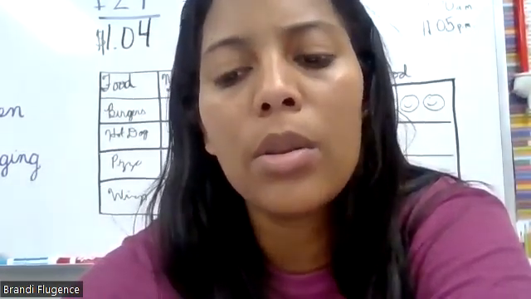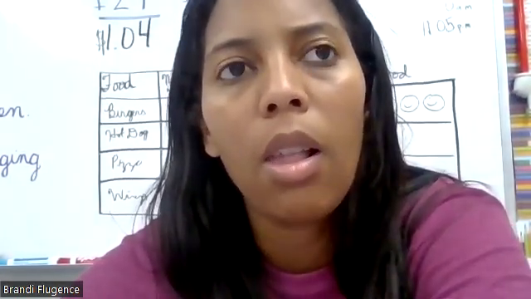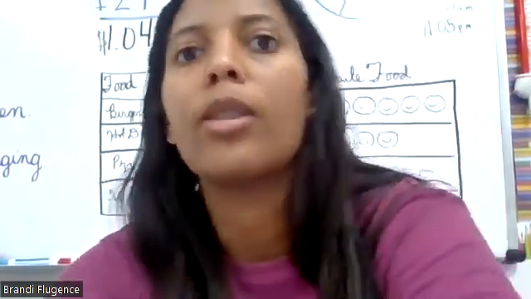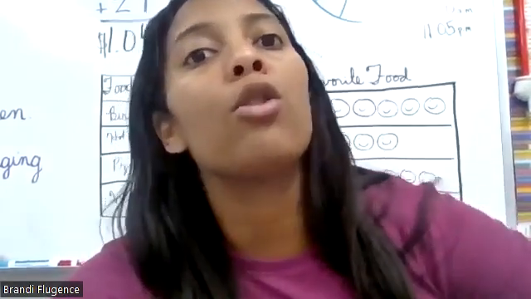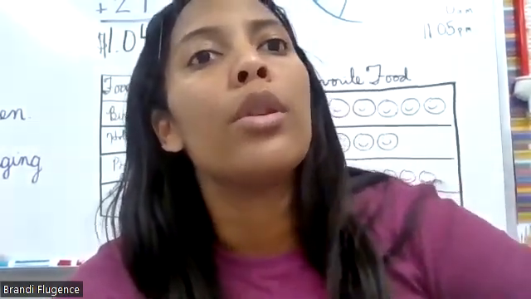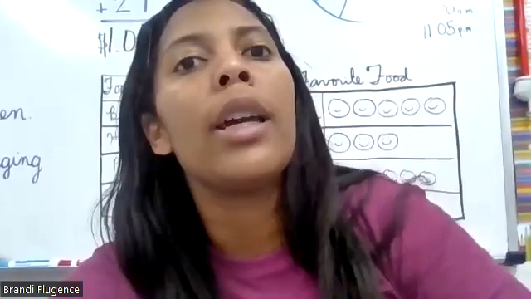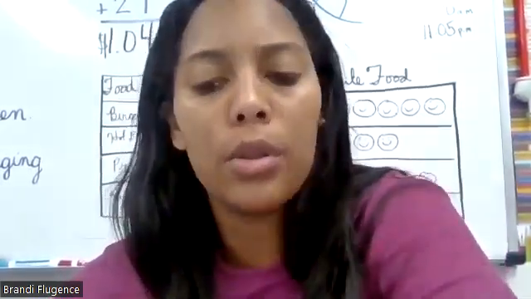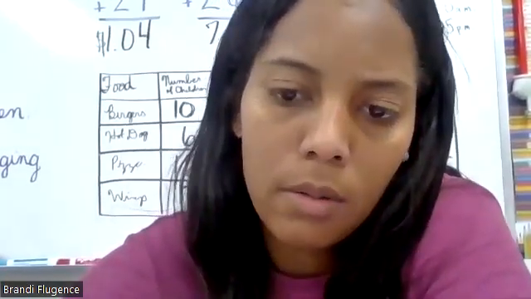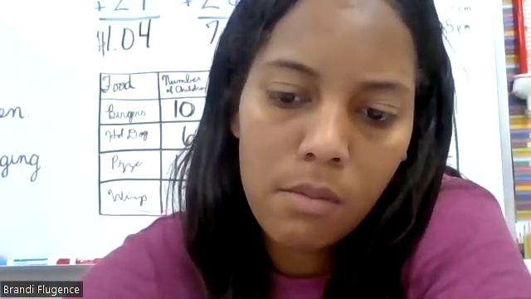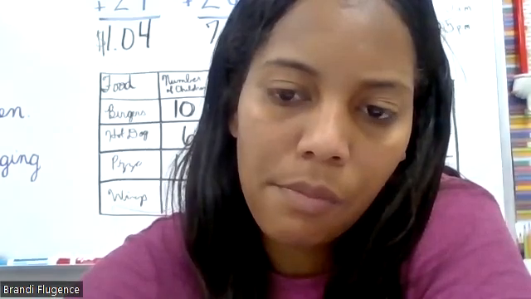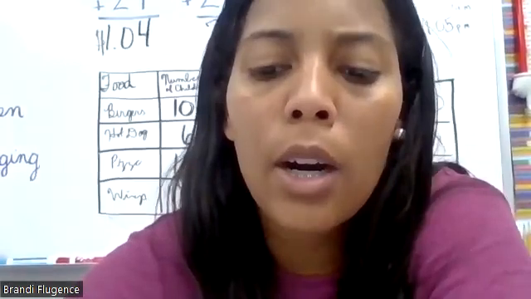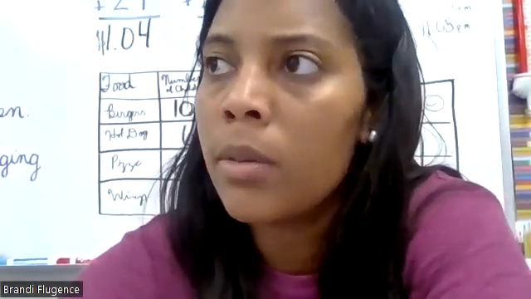You gotta count them by 2s. So find room 2. You see room 2? And so now count how many cartons of milk, but you have to count the picture by 2s. 12. So in room 2, they drank 12 cartons of milk.